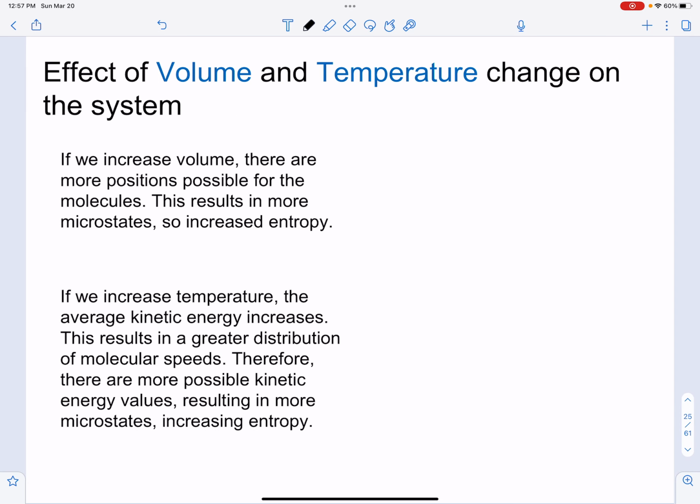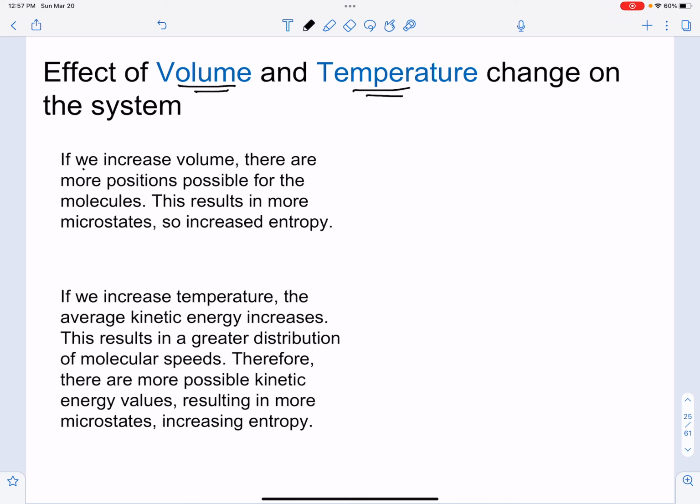Still thinking about the molecular level, how would volume and temperature affect the entropy? We know that at the molecular level, entropy is the statistical probability of different microstates.